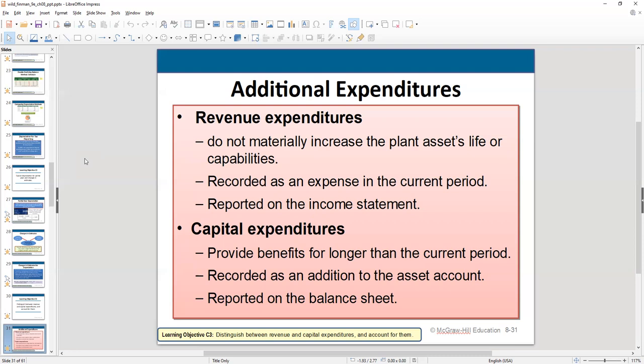Another way of looking at this is you have repairs, which is a revenue expenditure, and you have, I'm trying to think of another term, other capital expenditures. It's going to lengthen the life, so it's going to be capitalized. That's the word I'm looking for. So you're going to either call it a repair or a capitalization. Capitalization means you're going to depreciate it over time.